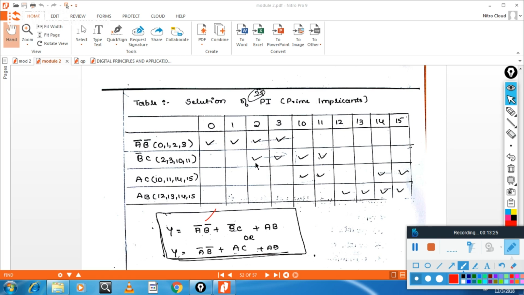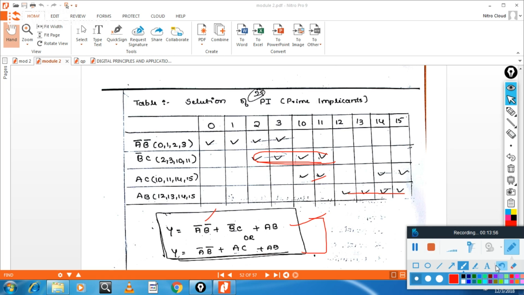This I can take, because it will cover 10 and 11. Then this will cover 12, 13, 14, 15. So one answer is this one. If you include this one, this one will cover this and this, and this one will cover the remaining two. So here two answers are there. So this is the solution.